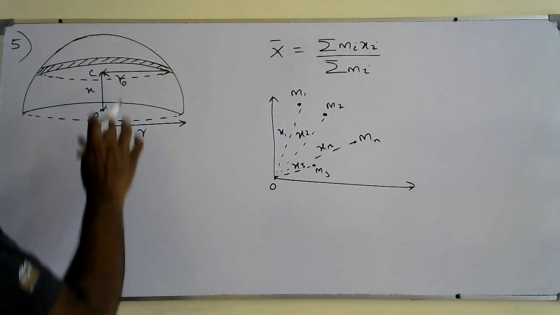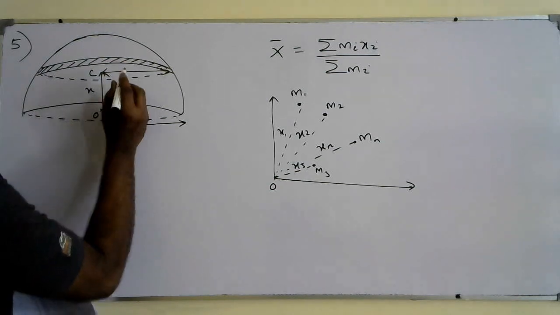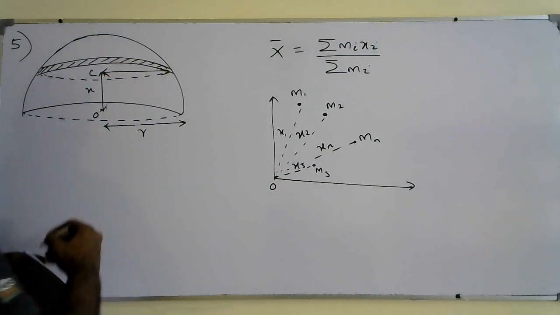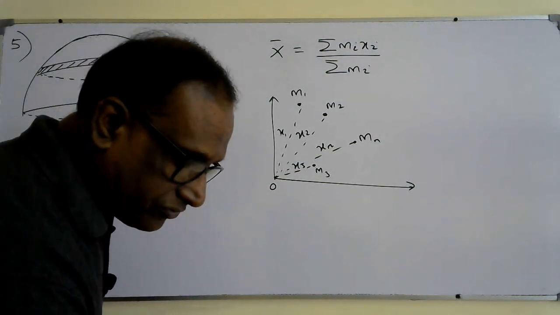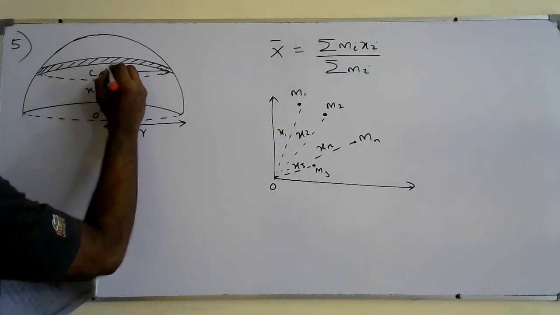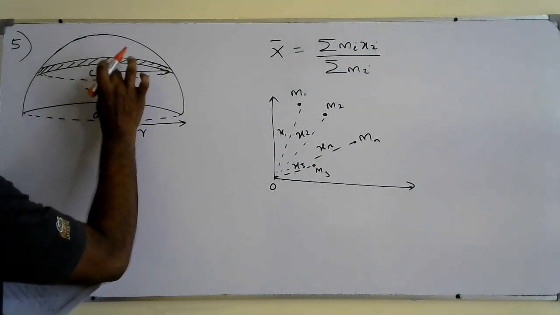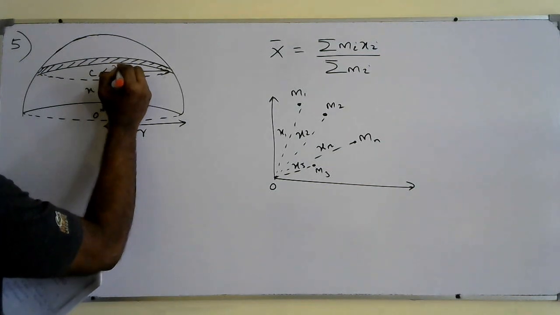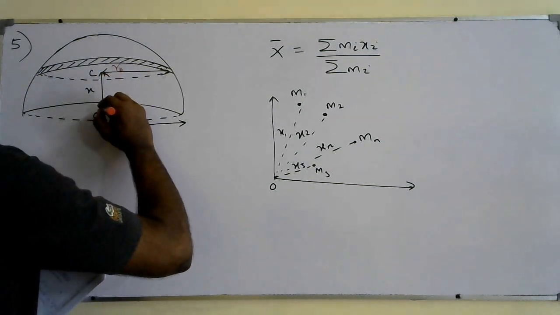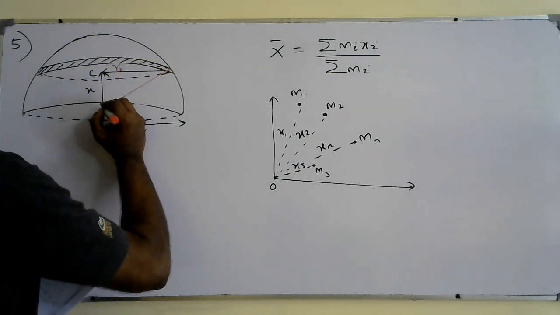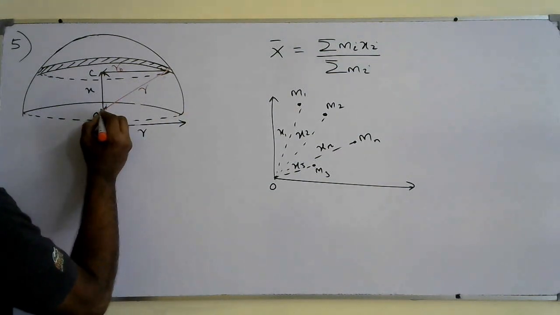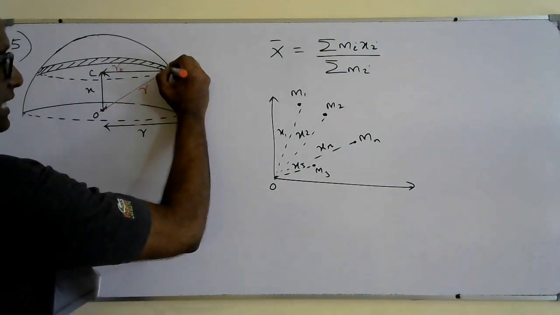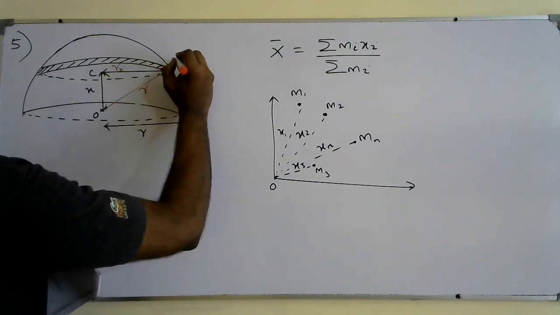That R0 I am going to relate to x. This distance is R because this is the center of the hemisphere and this point is on the circumference. So this length is R.